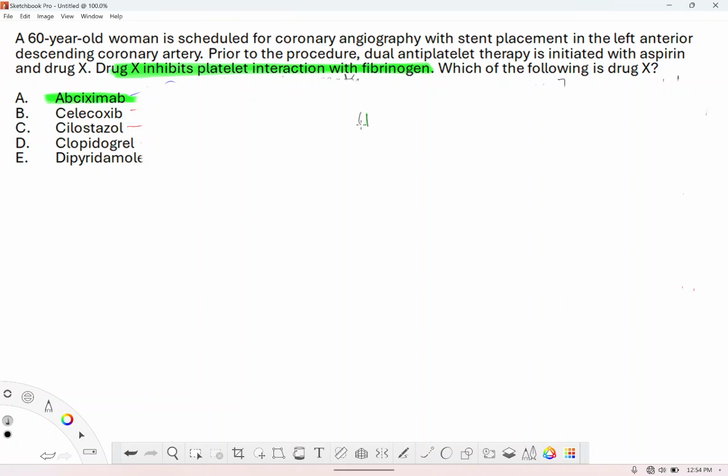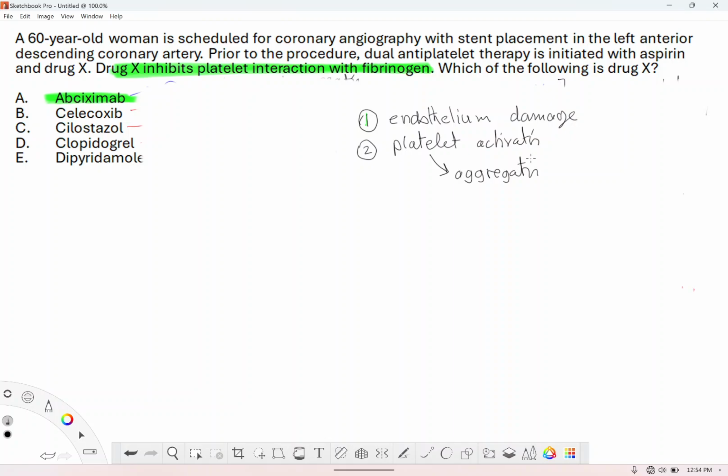Number one, we need endothelium damage. Number two, we need platelet activation. Once platelet gets activated, then they can cause aggregation, right?